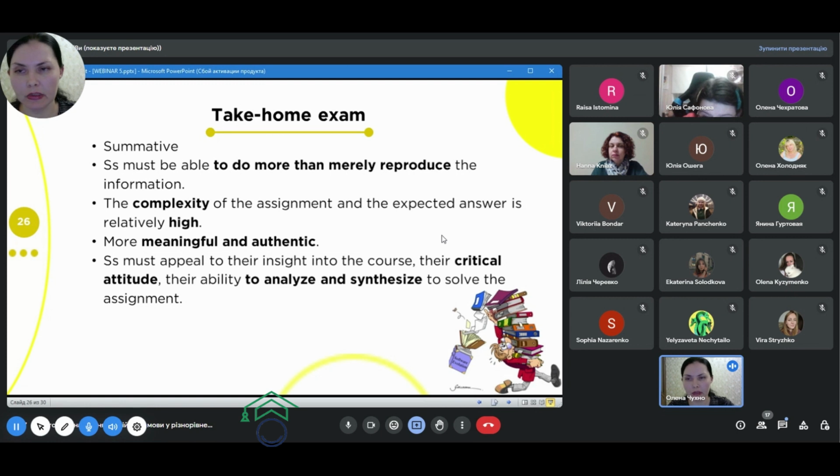So this assignment should be more meaningful, more authentic than just a standard exam in the class. The complexity of this assignment should be relatively high.